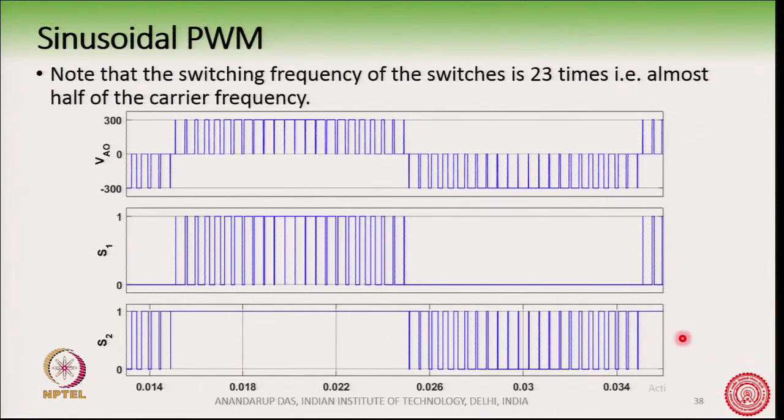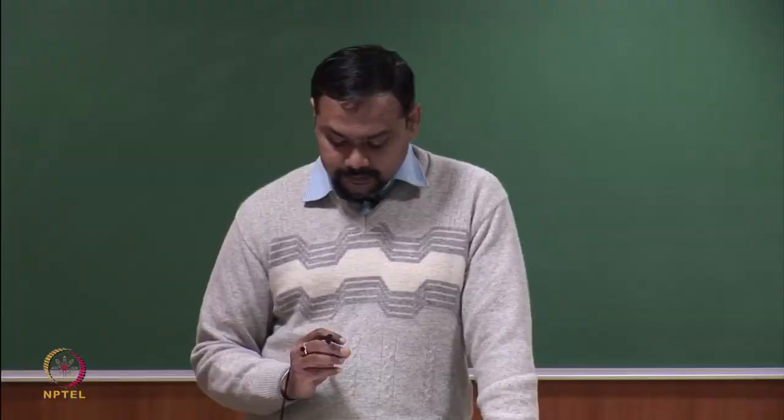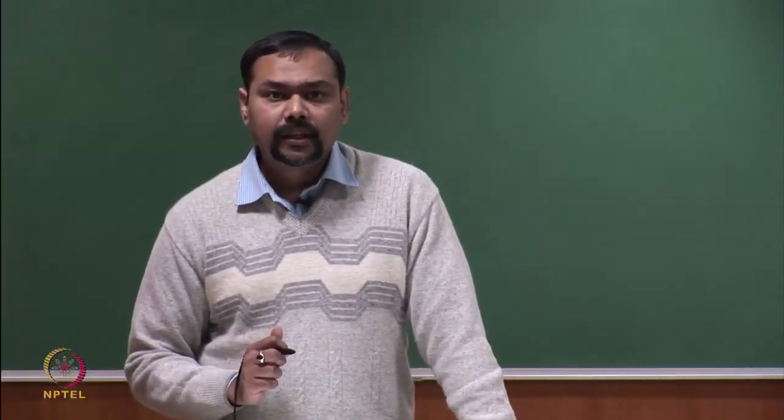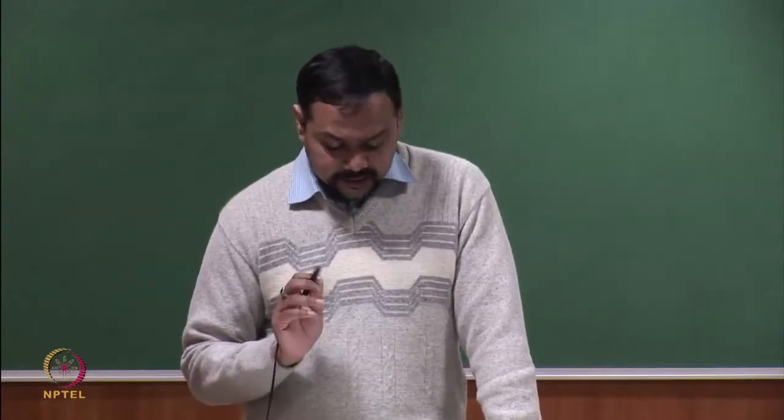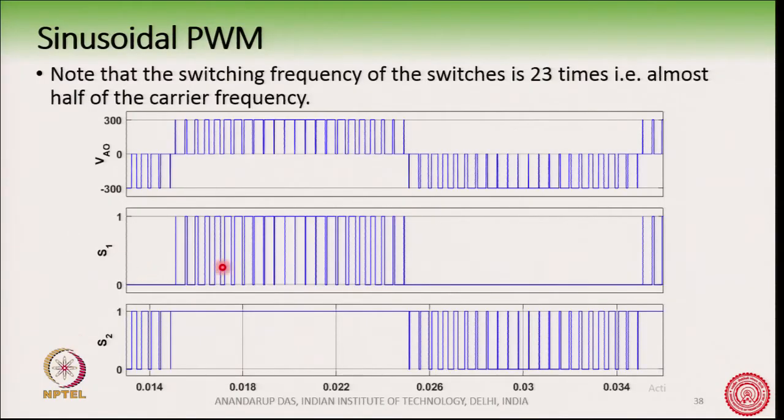Now, in this case you see there is a change of pattern of the two switches S1 and S2. Okay. First, let us observe how many times S1 is switching in a cycle. So, this is the start of the cycle and this is the end of the cycle. Okay. The sine wave is here, this is the start of the cycle and this is the end of the cycle.